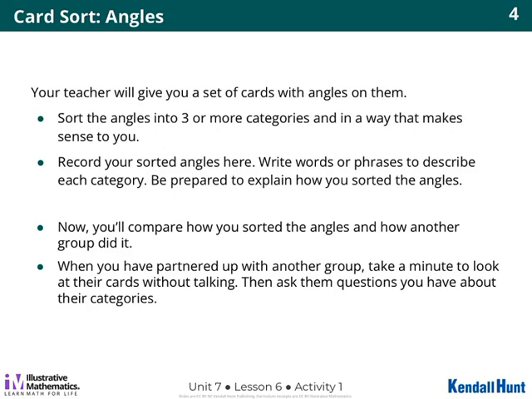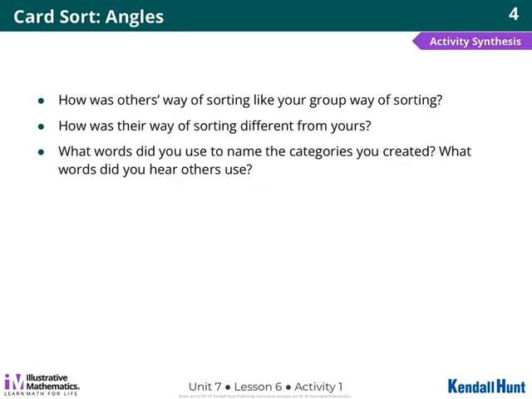All right, so now that you have had a chance to sort and then see somebody else's sorting, raise your hand. How was others' way of sorting like your way of sorting? Hadley. I sorted them by like angles, kind of. Like what were your categories?